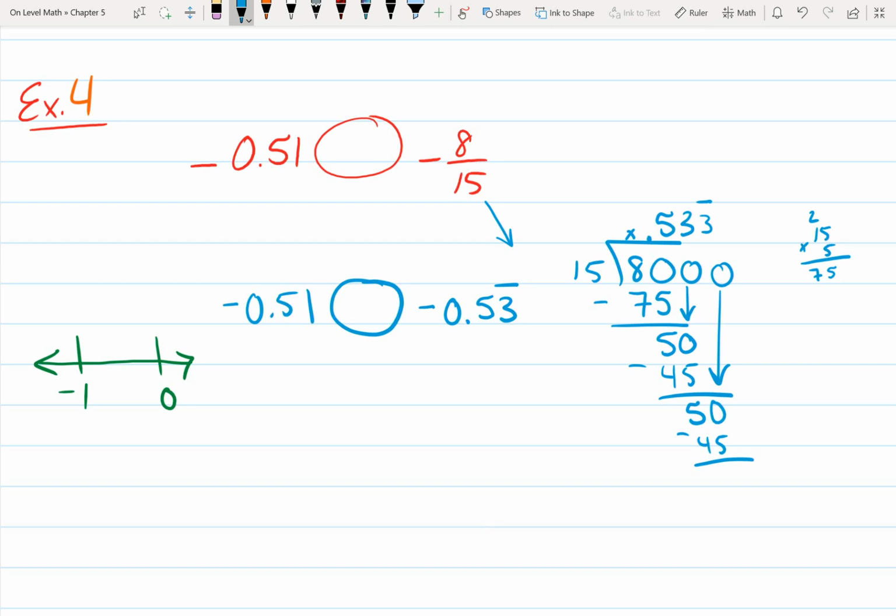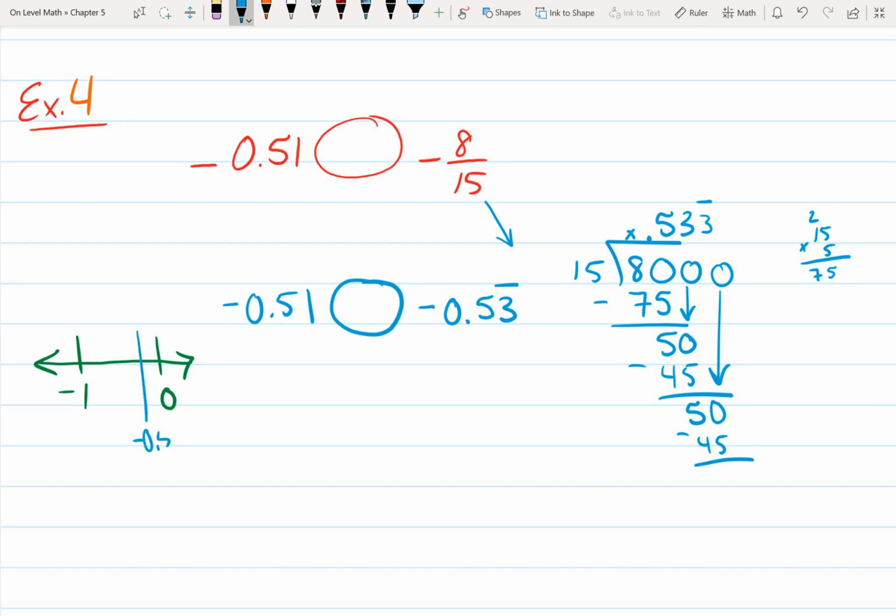And now I have to compare these two decimals. So I've got two negatives. It's kind of like negative 0.51 and negative 0.53. Which of those numbers is closest to 0? Well, you could also look at it like negative 51 and negative 53 if the decimal is throwing you off. So negative 51 is closer to 0.